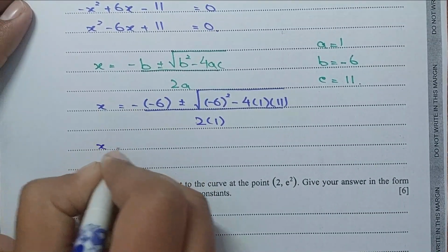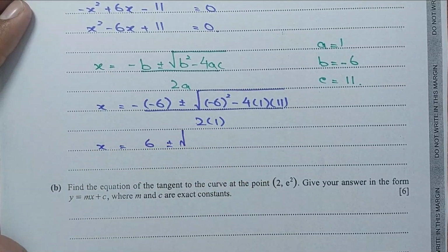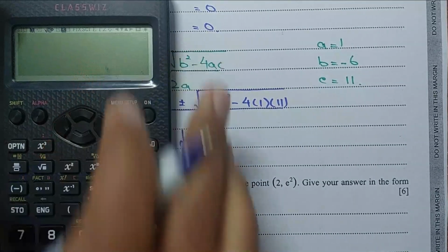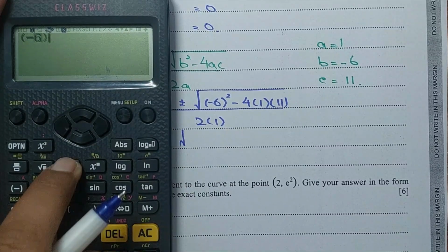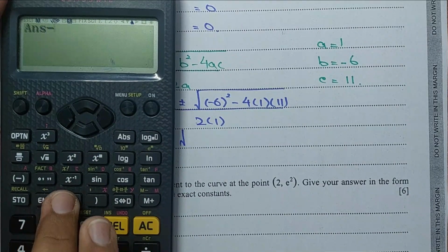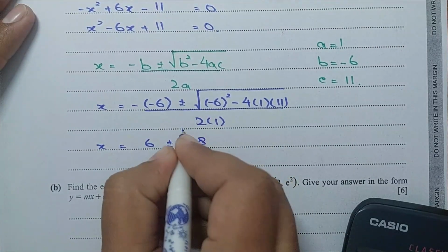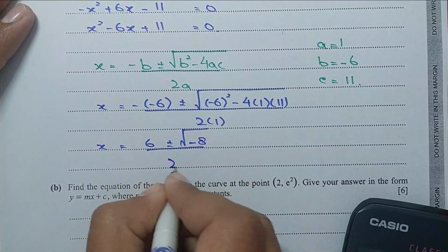Now here the x value is 6 plus minus square root. Let me simplify. Negative 6 square is 36, and minus 4 into 1 into 11 gives minus 8, and 2 times 1 is 2.